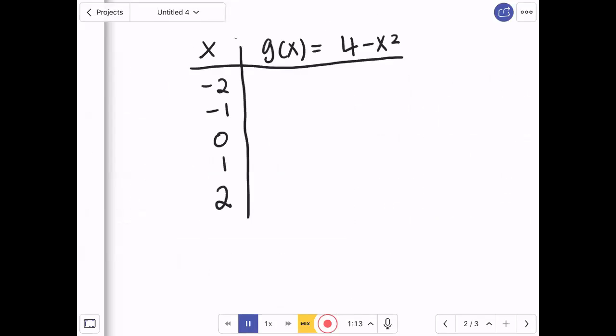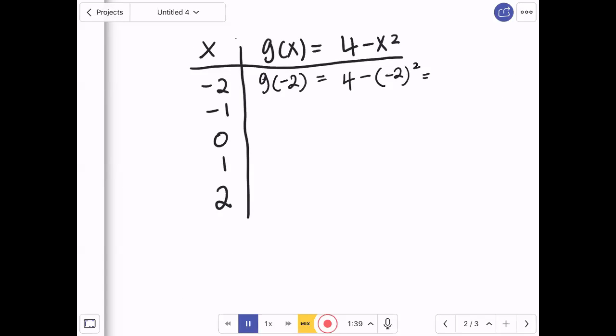g of x is equal to 4 minus x squared. So we need to replace x with the given x to find the value of g of x. Let's first find the value of g of -2. So you will have 4 minus -2 squared.